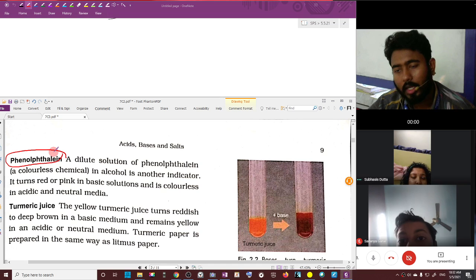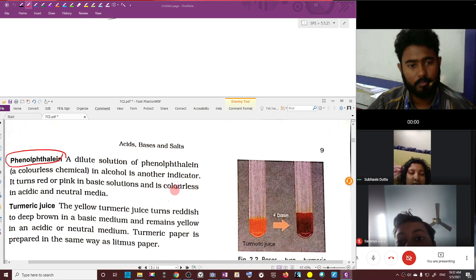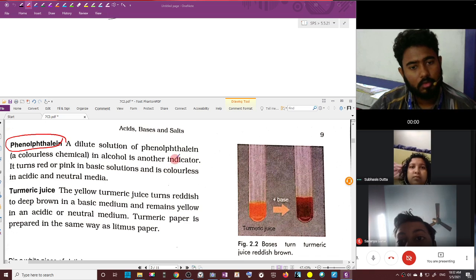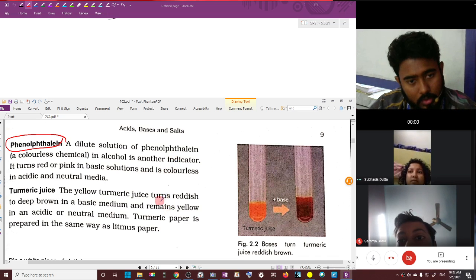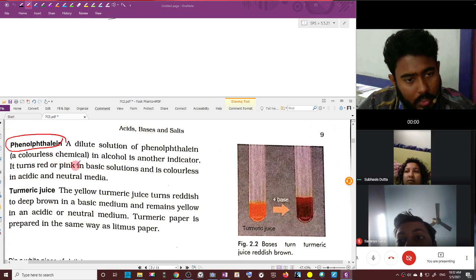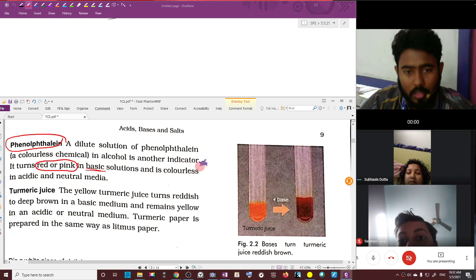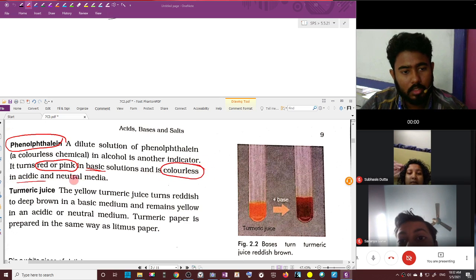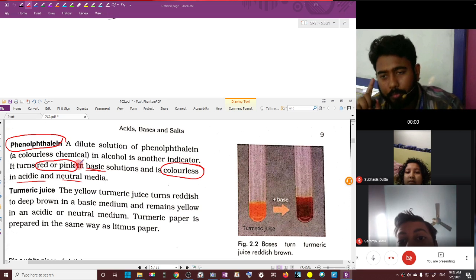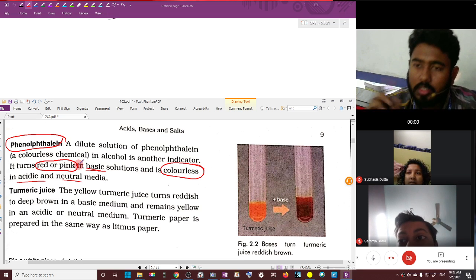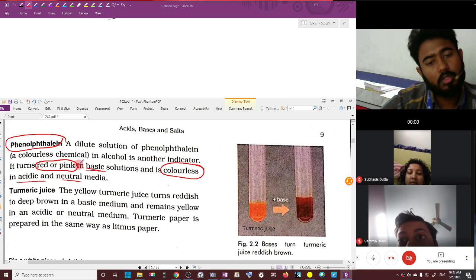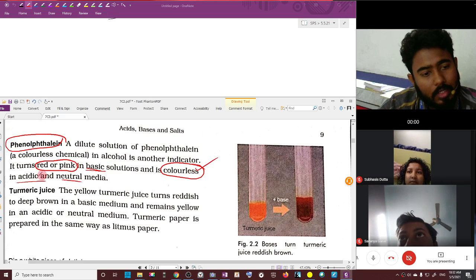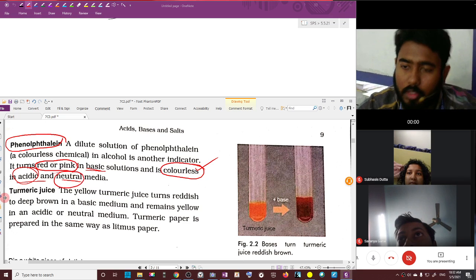Now, phenolphthalein. Phenolphthalein is also an indicator like litmus. See, it turns red or pink in basic solution, and colorless in acidic or neutral media. There is a problem with phenolphthalein. It is not a good indicator, because it is colorless in both acidic and neutral media.